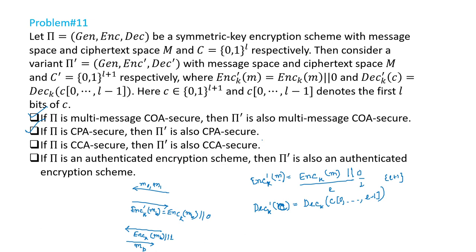So this is wrong, and since it is not CCA secure, it will not be an authenticated encryption scheme as well. Just analogous to the way we say that if a scheme is not CPA secure, then it definitely will not be CCA secure, similarly, if a scheme is not CCA secure, it will definitely not be an authenticated encryption scheme. So the last two statements are incorrect here.